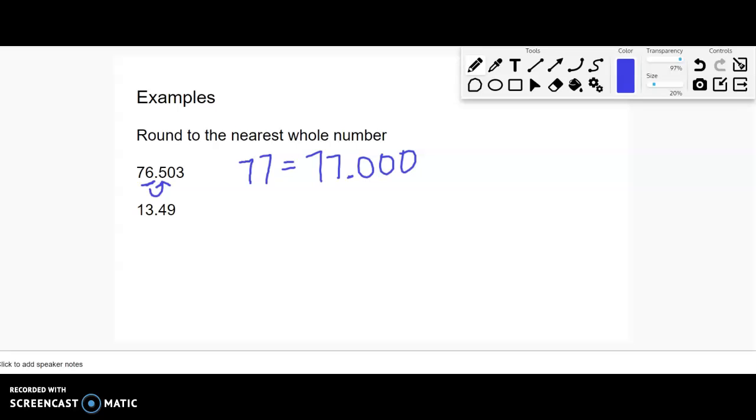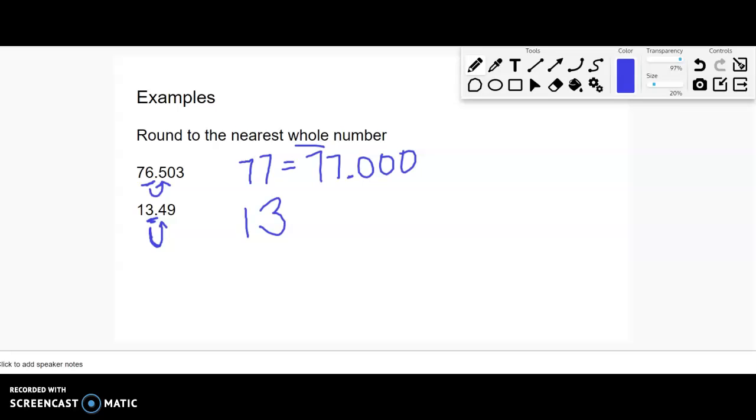Telling me, okay, that part was past halfway. 503 thousandths is past halfway. 13 and 49 hundredths. Well, 3 is in my ones place. Again, I'm rounding to the nearest whole number. I look next door at my 4. My 4 tells me that I'm going to keep the 3 the same or round the whole number down. So the 3 stays the same. Everything in front stays the same.